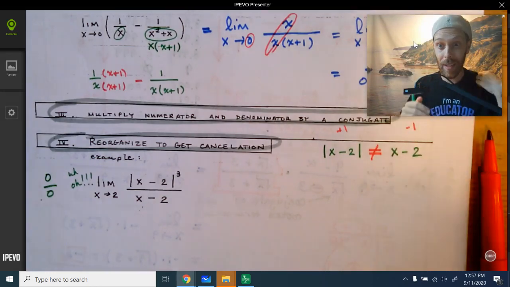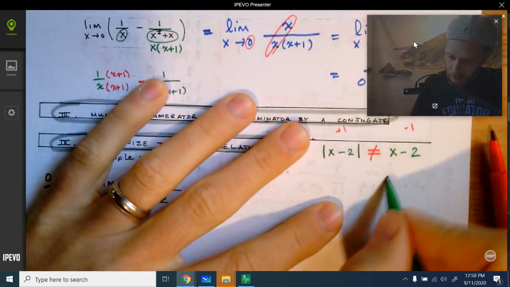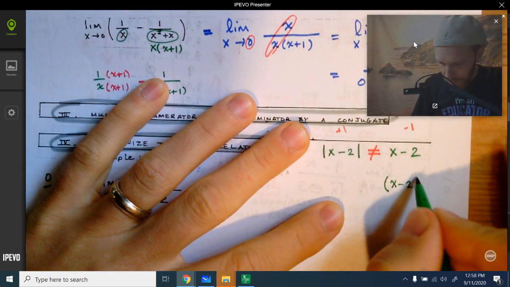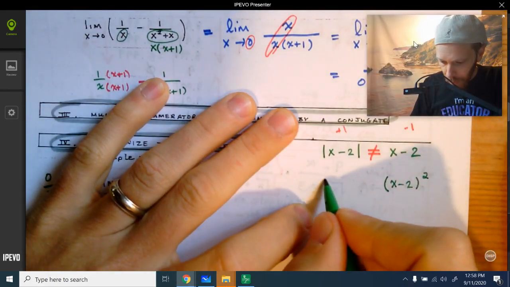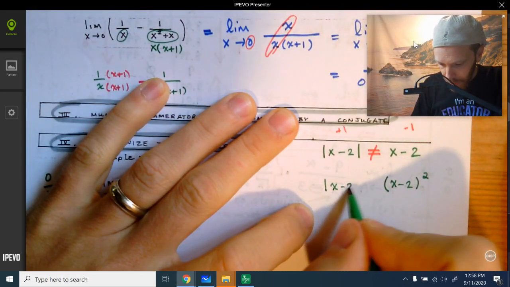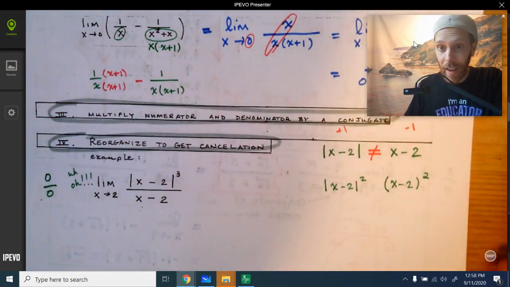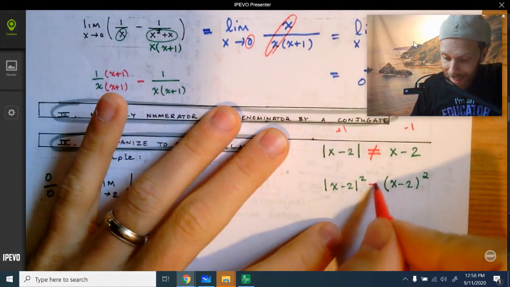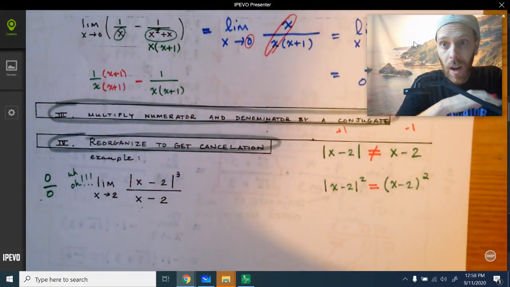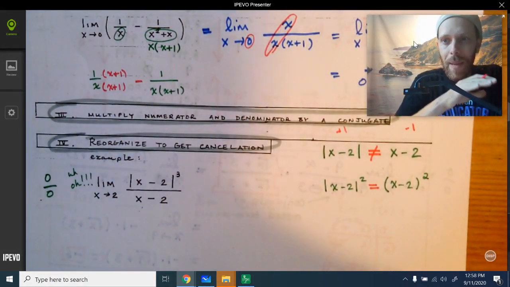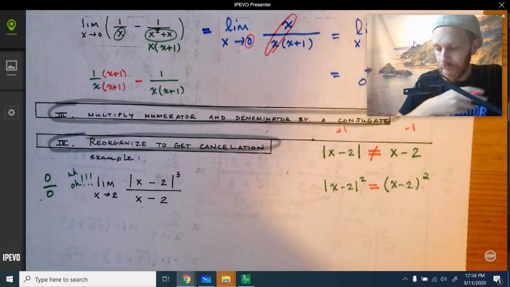Squaring makes things positive. So would this be equal to this? Would those be the same? The answer is yes, those are always equal to each other, 100% of the time. You will not be able to find an example where those are not equal.